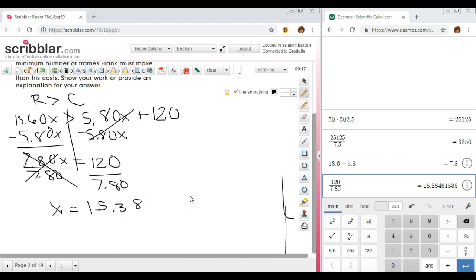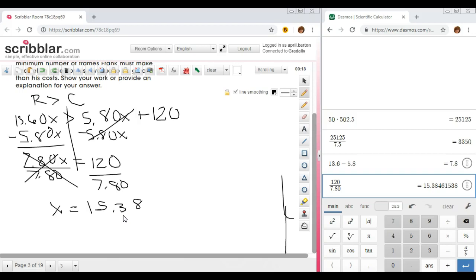So you can't have part of a frame. So we have to figure out how to round this number. Normally when you do rounding, your goal is just to look at the number and decide, is it going to go up or down based off the number next to it? Would this be 15 or would this be 16 based off the 3? Because this is an application problem, we have to think about it a little bit more carefully.